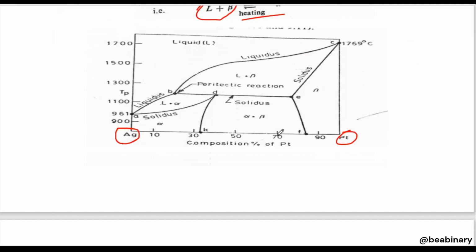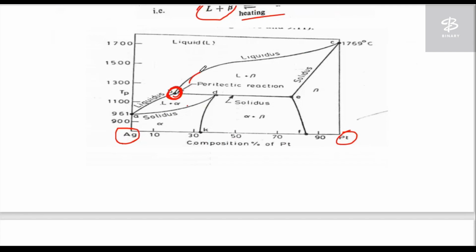As you can see, this is your peritectic reaction at this point. So two different liquids will directly convert into your solid state.